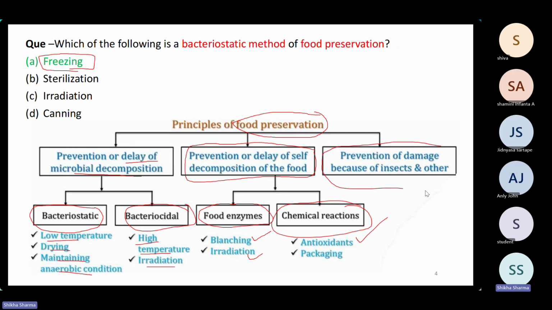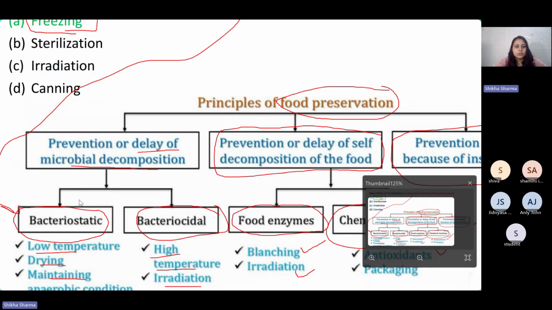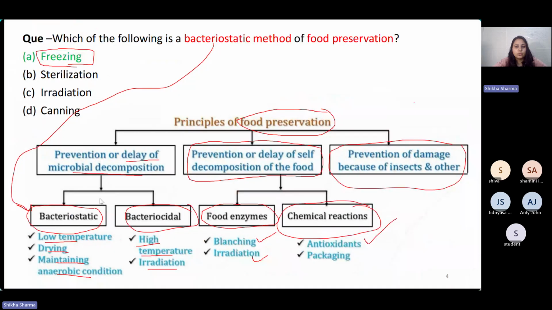Third is the prevention of damage because of insects and other problems. So this freezing, bacteriostatic, comes under preventing or delaying microbial decomposition, which includes two methods, bacteriostatic and bactericidal.